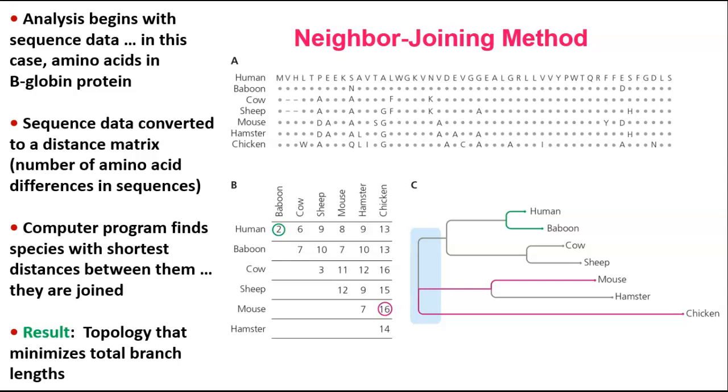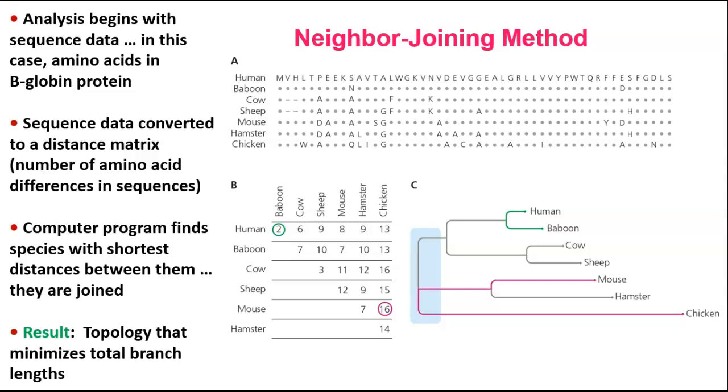And of course, we can harvest that information from all these different mammals: human, baboon, cow, sheep, mouse, hamster, and chickens thrown in as an outgroup, something more distant. So we begin with that. It could be sequence data for DNA as well, but in this case, it is for the beta globin protein.